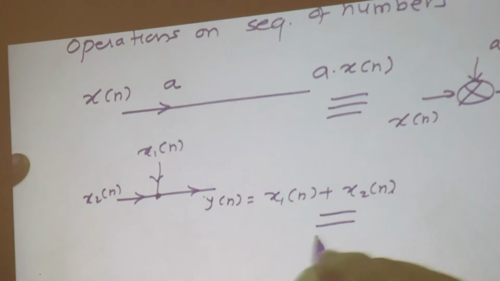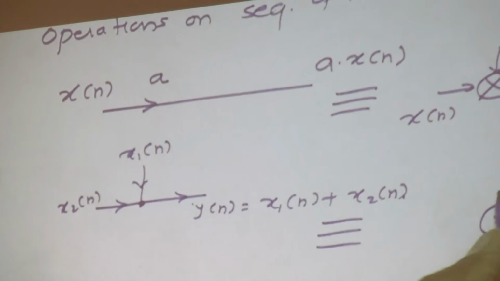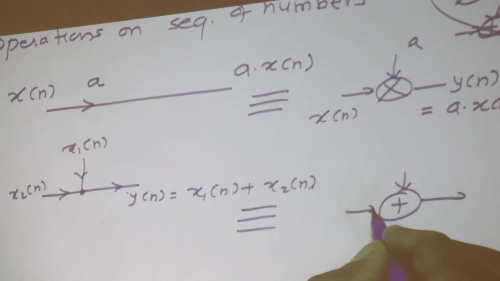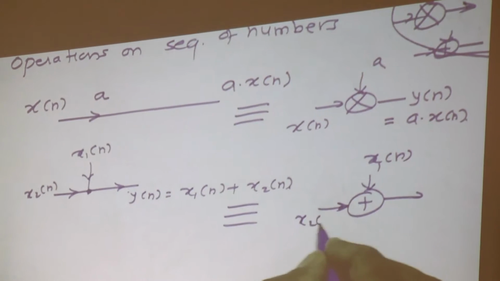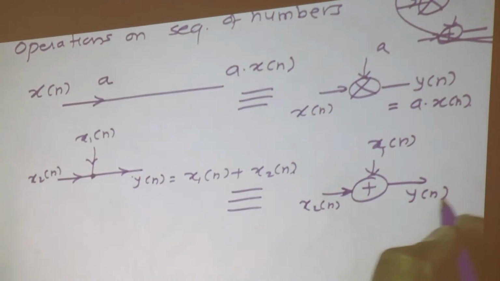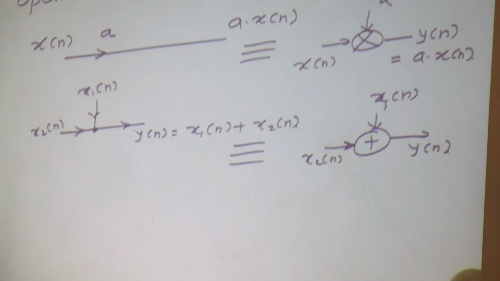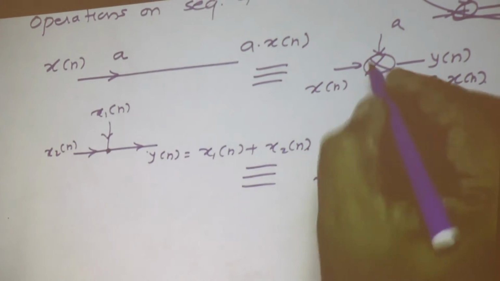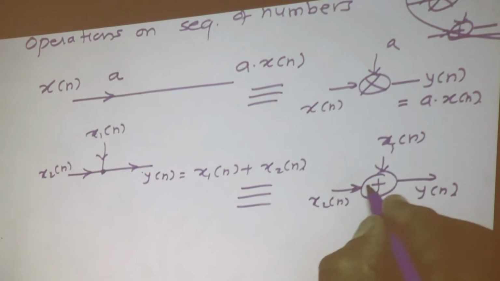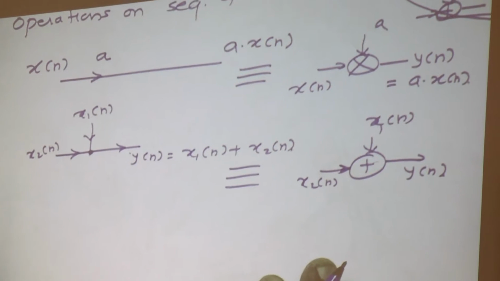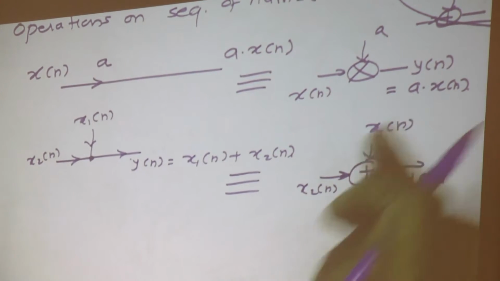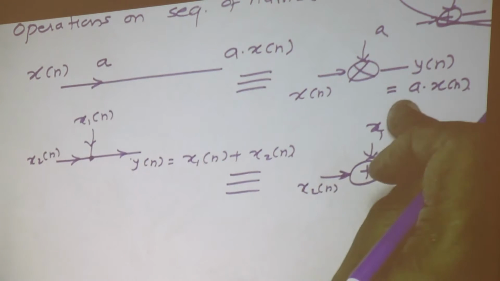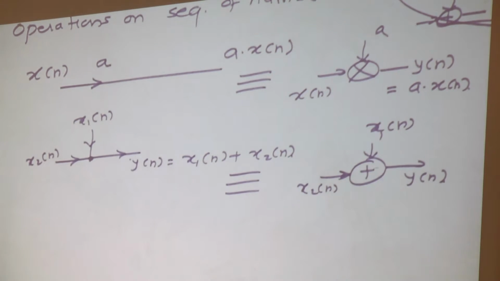This is equivalent to a block that is a summer. This is multiplication, this is adder. This is point by point addition: x1(1) gets added with x2(1), x1(2) gets added with x2(2) and so on. It is pointwise addition.